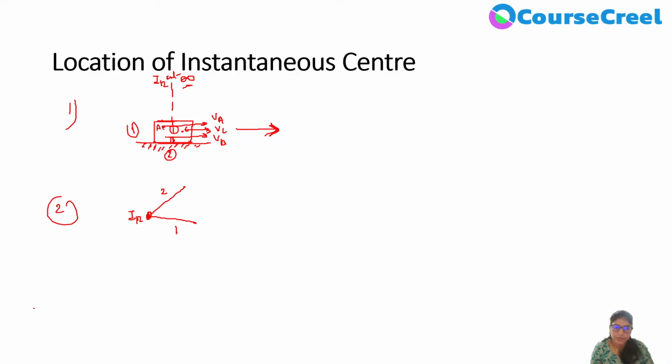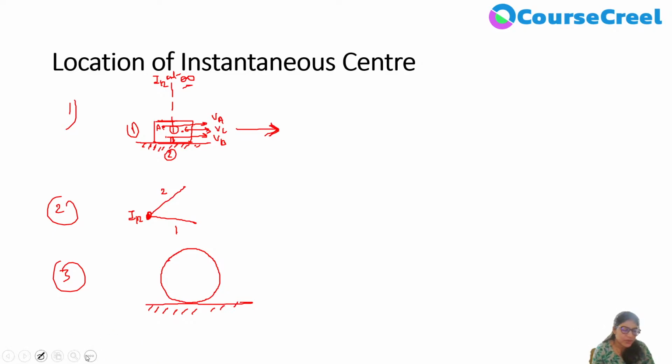Right. Now, the third is, suppose any link is having rotation about a fixed surface. Okay, so suppose this is link 1, this is link 2. So the center of rotation of this particular link 2 is O. So it will not be an instantaneous center.